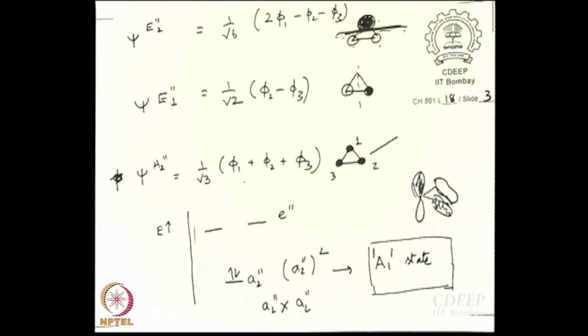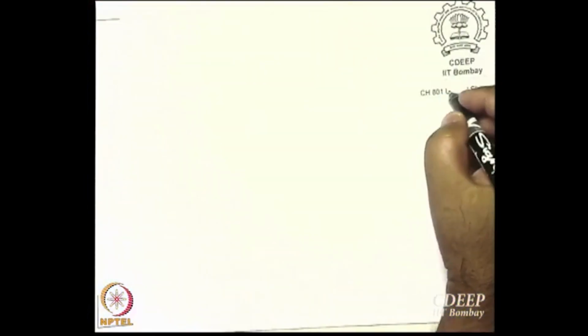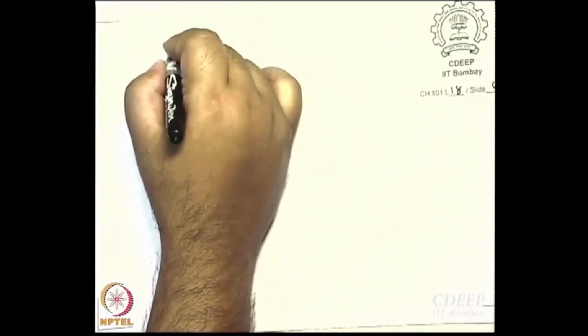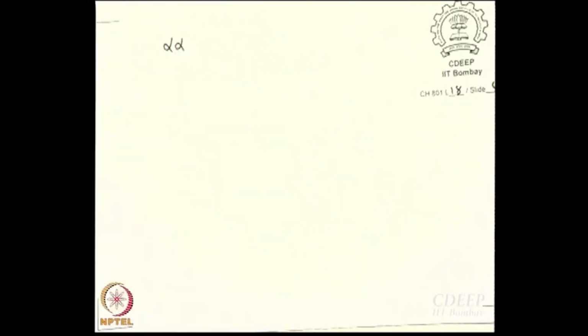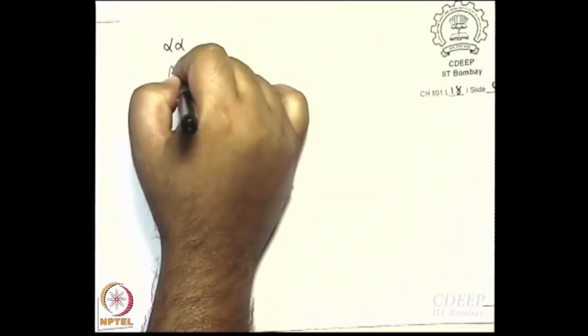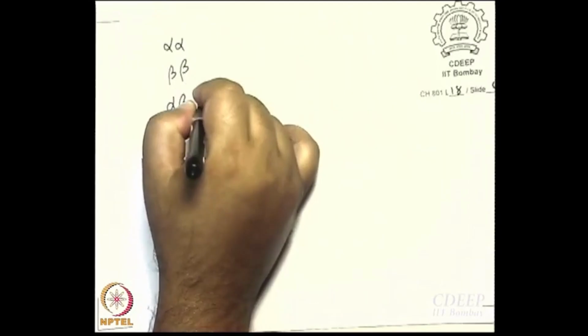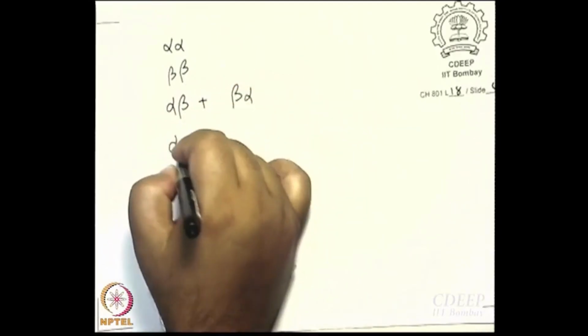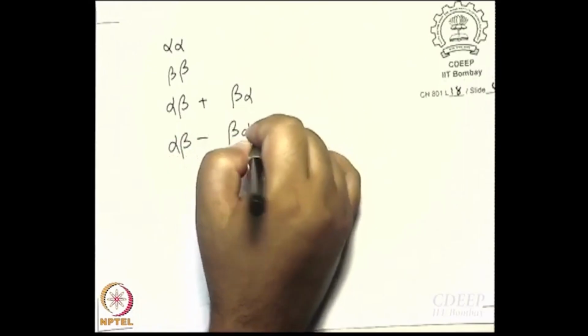Not from symmetry exactly. We had to invoke the Pauli exclusion principle, Pauli principle rather, which says that the total wave function has to be antisymmetric. So now, for a 2 electron system, the wave functions that are possible are alpha alpha, beta beta, alpha beta plus beta alpha, and alpha beta minus beta alpha.